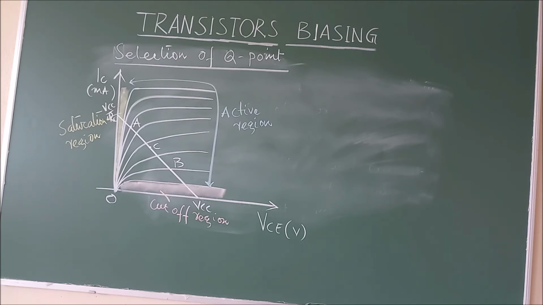Therefore, the amplifier would not perform accordingly. So our objective is to keep the operating point fixed at the middle of the active region. Therefore, it will work as a good amplifier.